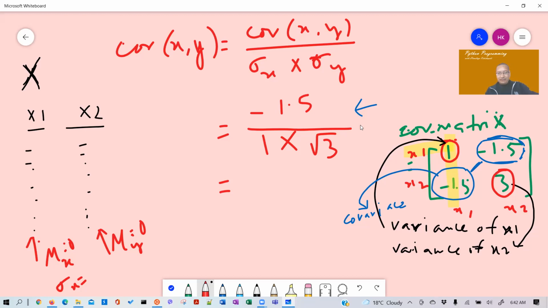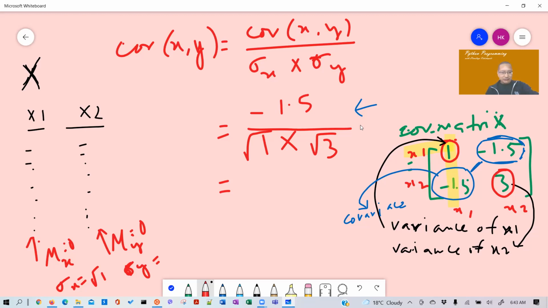It is the square root of variance, right? Yes, the square root of variance, sigma. So this is square root of 1 times square root of 3. Sigma x is the square root of 1. What is sigma y? Sigma y is the standard deviation. What is sigma y? Root under 3. Very good.